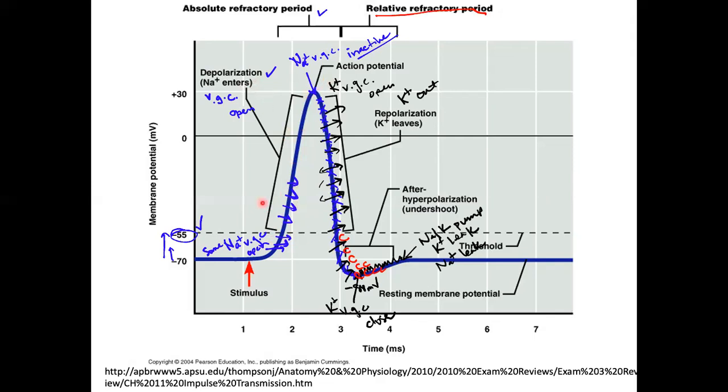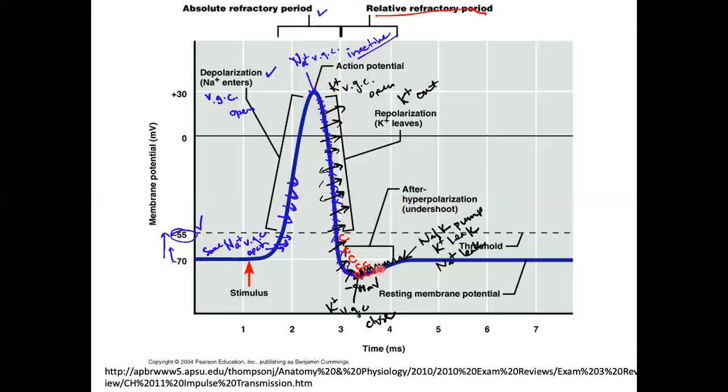So this is called depolarization. Sodium is going into the cell using the voltage gated channels. And then at the peak, sodium voltage gated channels become inactive. Potassium voltage gated channels pop open and potassium rushes out, causing the downward phase. Once it goes below resting, we call that hyperpolarization.